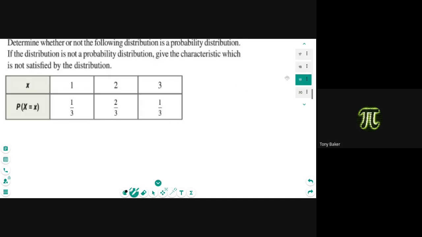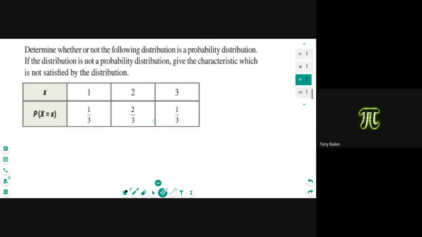All right. Let's do a couple other pieces and then we're done. Is this a probability distribution? No. Why? It doesn't add up to one. Correct. It adds up to more than one. 1/3, 2/3, 1/3. That's more than one. It's 4/3. This is not a valid probability distribution.